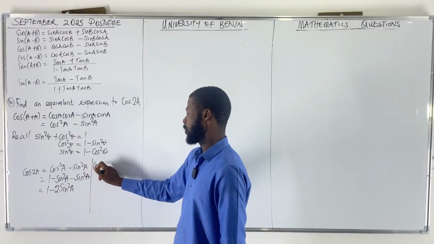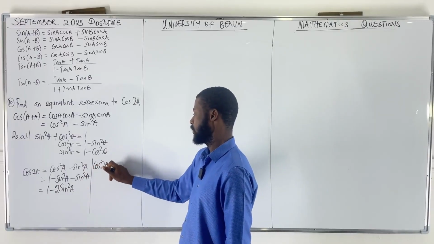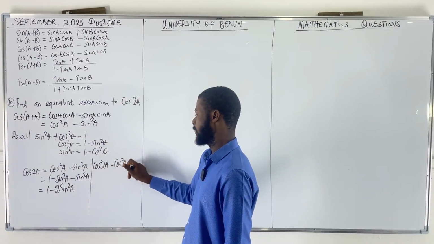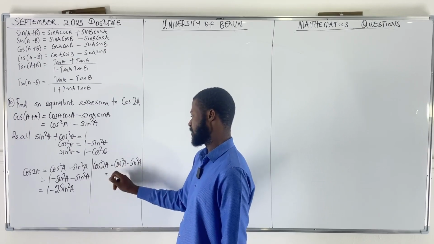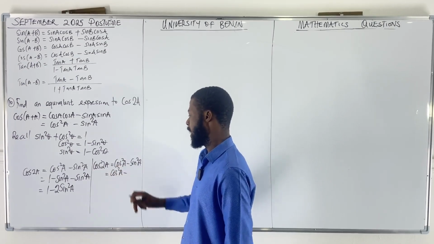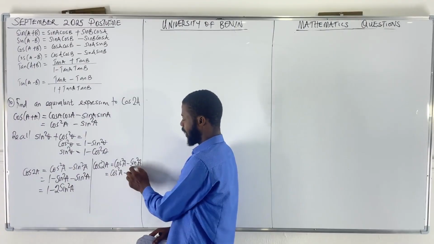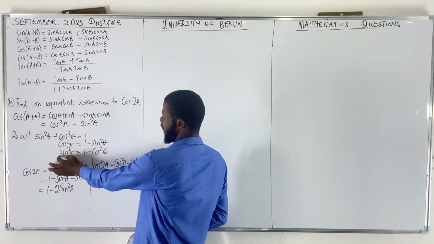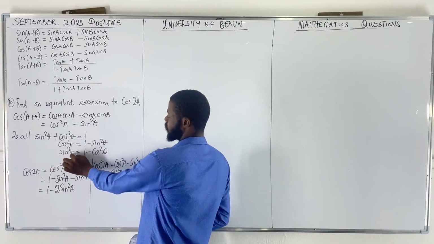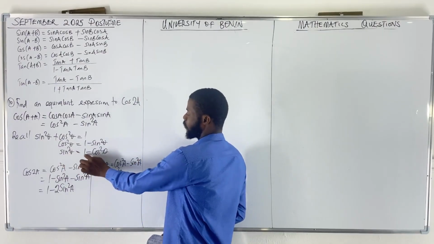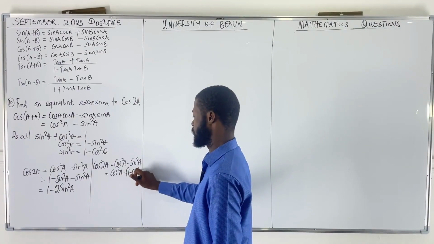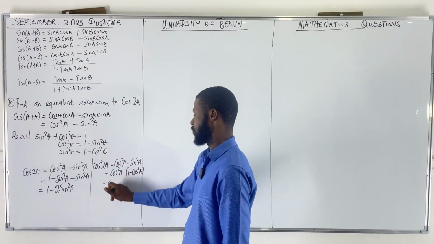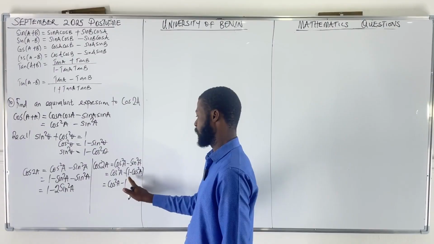Another way is to say cos 2a is equal to cos squared a minus sine squared a. Cos squared a, you will leave it. Now sine squared a, you can remove it and write what sine squared a would be. Our angle is now a, so this is 1 minus cos squared a. So this is cos squared a minus 1 minus cos squared a.